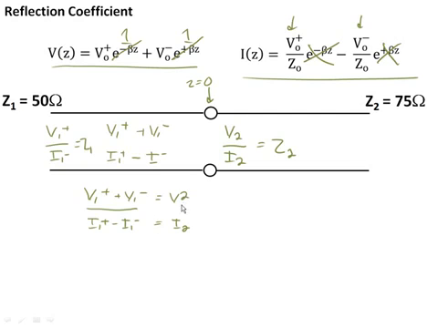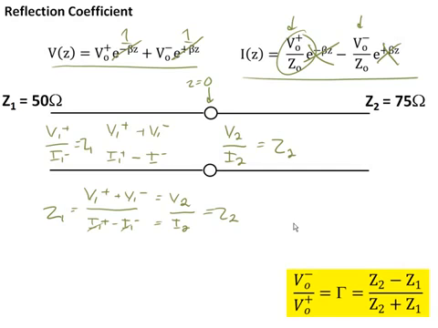And let's go ahead and get rid of this 2 because this looks like V squared, and that's not very accurate, is it? Let's make that V2. We know these ratios are equal to Z2. We know this ratio is equal to Z1. We can go ahead and substitute these I's with these types of relations right here. And when you do that, you end up with the following expression.